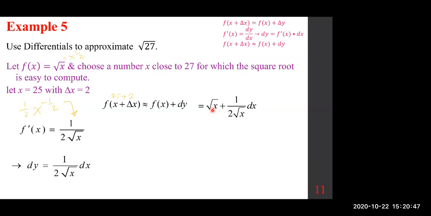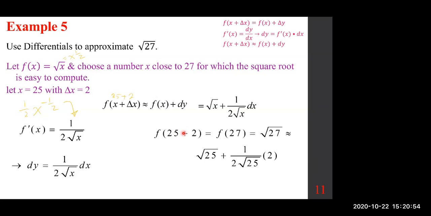Plug in, replace the x with 25 and dx with 2. f of 25 plus 2, or f of 27, is 5 plus 1/5, because you know this is 5, and 5 plus 1/5 is 5 and 1/5, or 5.2.